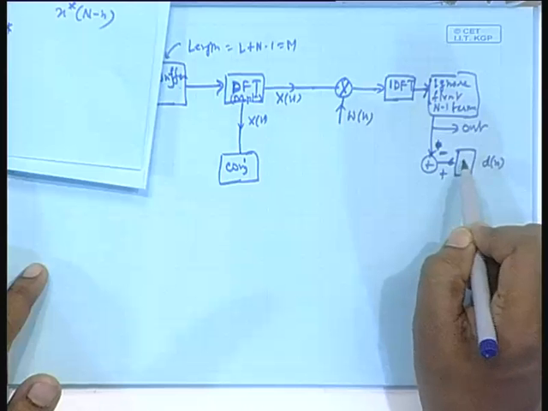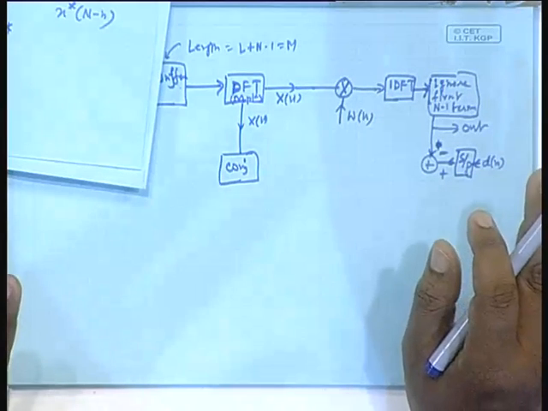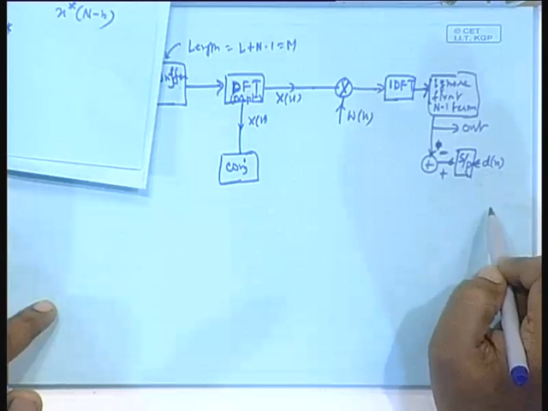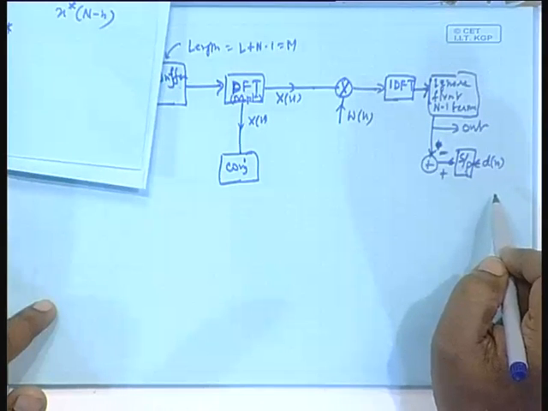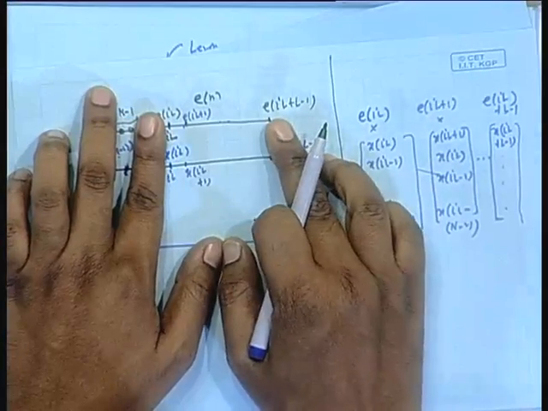If I write S by P, I only mean buffering, that is d of IL plus 1, d of IL plus 2, dot dot dot, d of IL plus L minus 1. So, this error, so I get an error sequence, which kind of error sequence? From EIL to this.